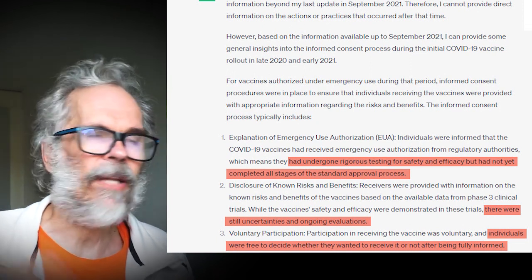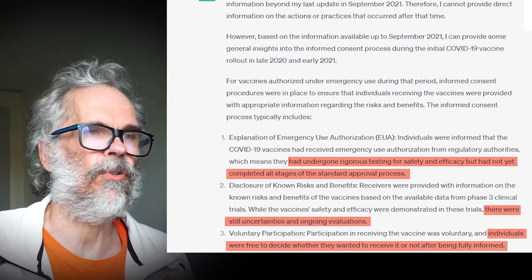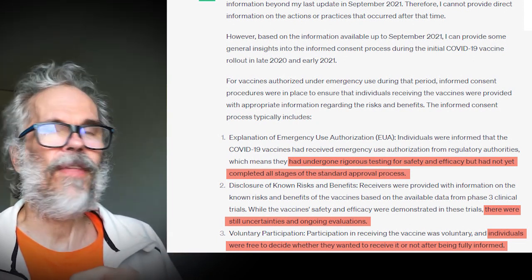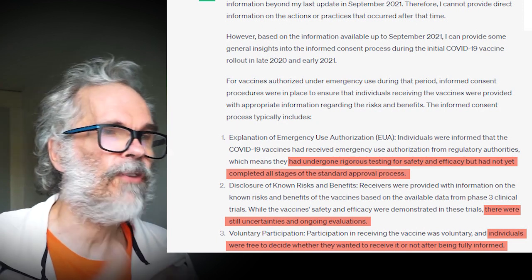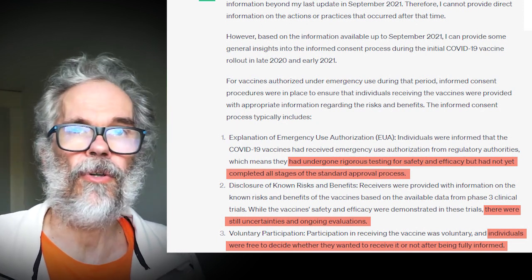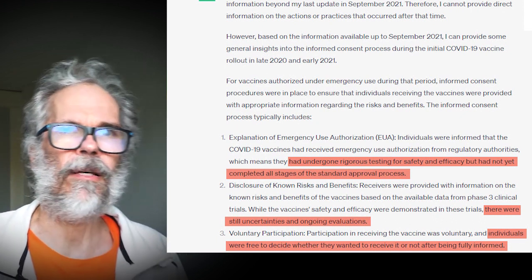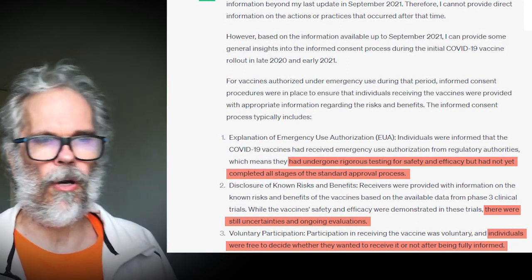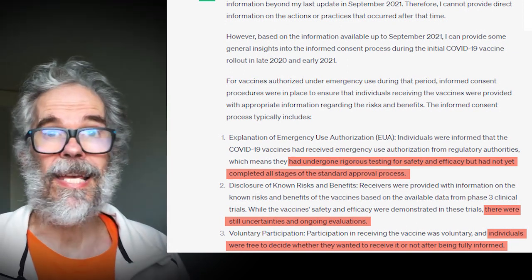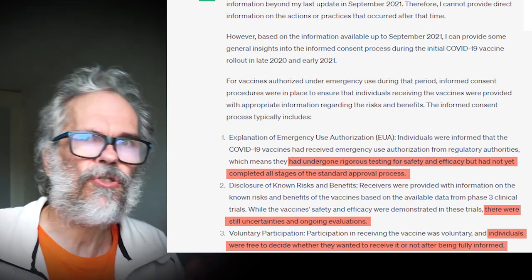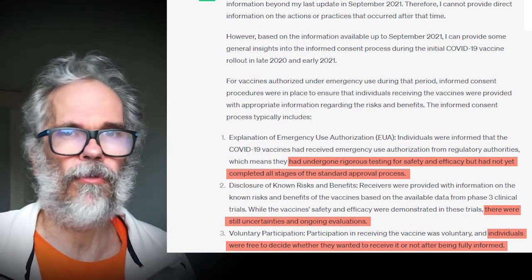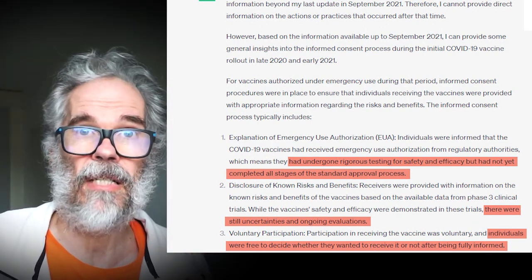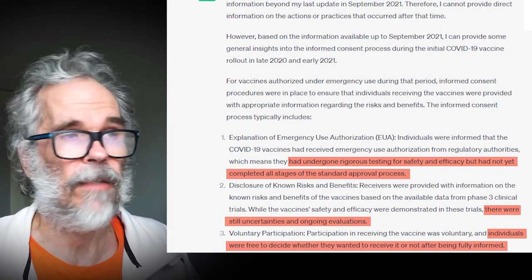Can you imagine that each individual was given all that information described before, and then also informed that you are free to decide whether you want it or not? Wasn't it actually quite often that there was quite a strong pressure to take the vaccine and not to have so much freedom to actually decide without having some negative consequences from declining the vaccine?